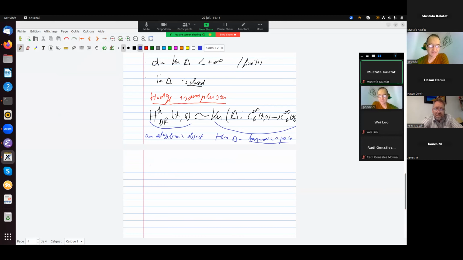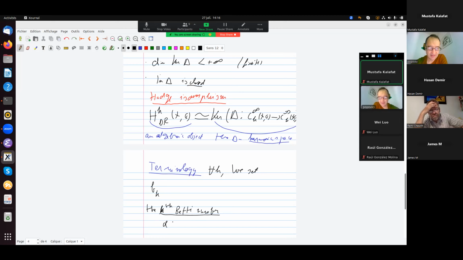And now, as for the terminology, since X is compact, and since these spaces have finite dimension, their dimensions are very important. They are topological invariants called the Betti numbers. So for every k, we set b_k, the kth Betti number of the manifold.